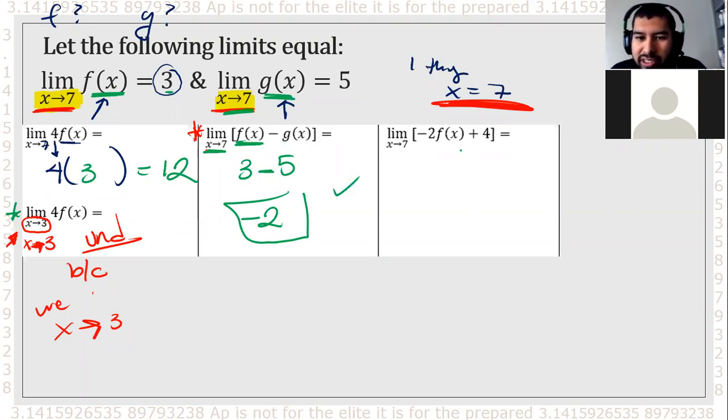Okay, let's go ahead and try something a little bit tougher. This function is being multiplied by a -2 and added to a 4. So I'll give you a couple seconds to try that out. So the function is f.